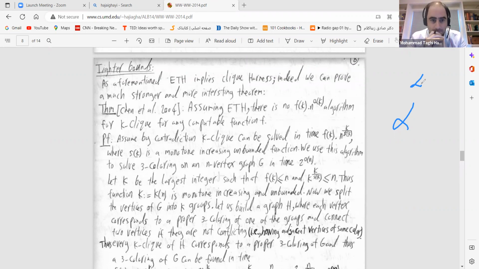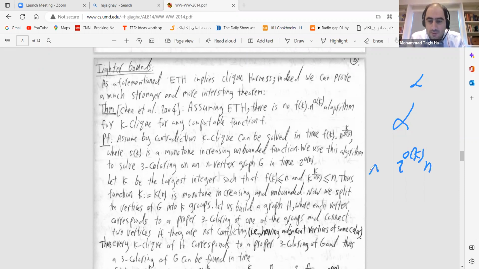So let's talk about the result that we had so far for fixed parameter tractability. We talked about ETH, and we mentioned that under ETH, for the K-clique problem or K-independent set problem, in which we want to see whether there is a clique of size K or an independent set of size K, there is no 2 to the little o of K times n algorithm.